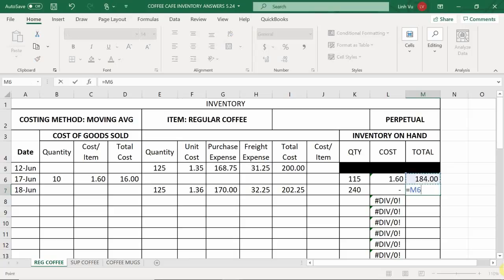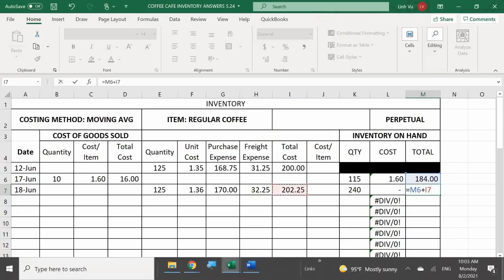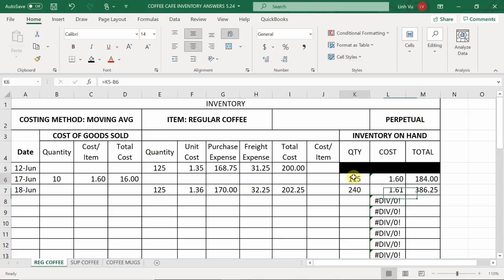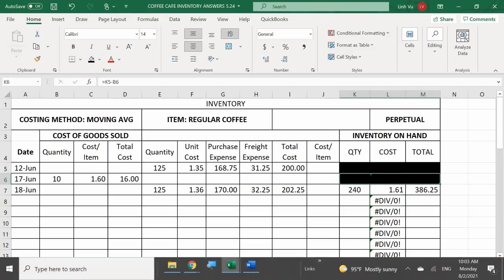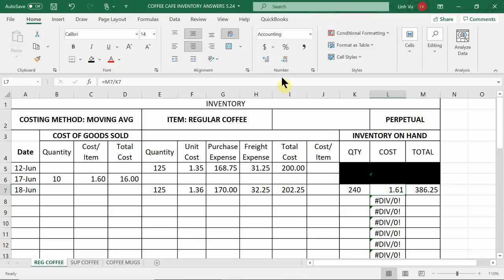If I have a beginning balance of 184 and I add 202.25, what's my total here? Through 386.25. All right. And where do we know this number? From the balance in our ledger. Correct.